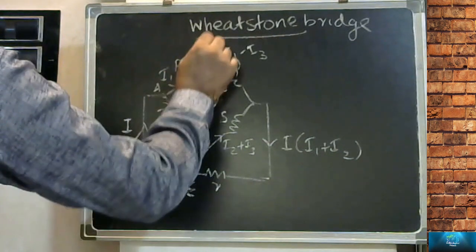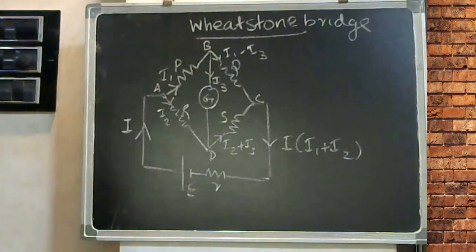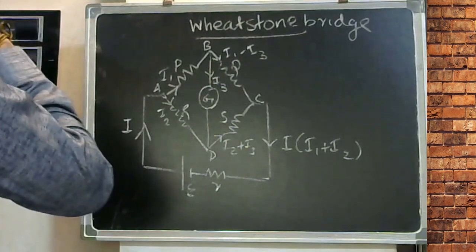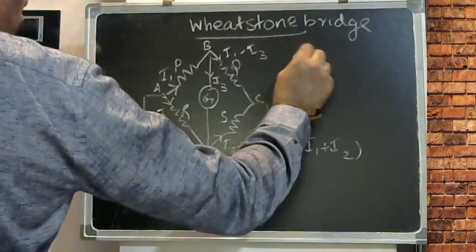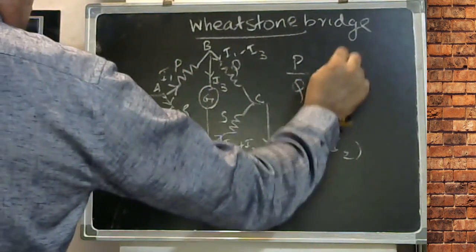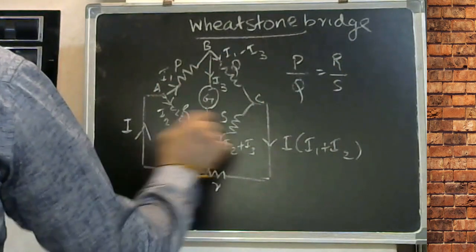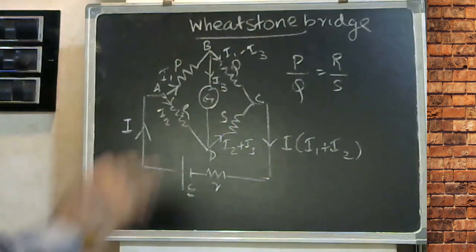But in a potentiometer, in a meter bridge, if you adjust the resistance values and the ratio of P by Q equals R by S, so the ratio of these 2 arms and these 2 arms are equal, then the galvanometer will not show any deflection.